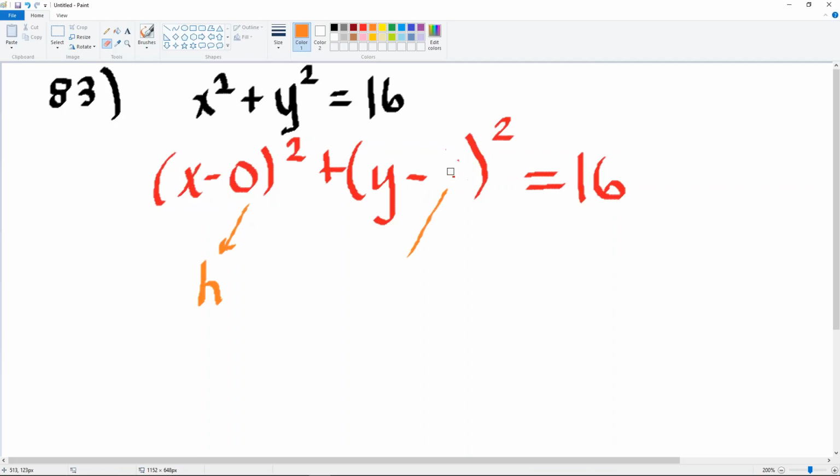It should be 0. But it represents your k. And hk represent the center. Do you vaguely remember that? Yes, sir. Okay. So for this one, our center is going to be 0, 0.